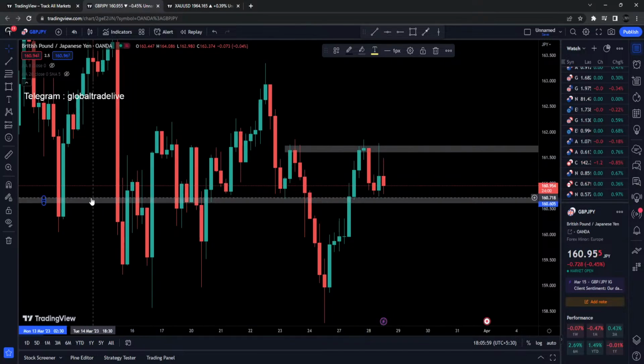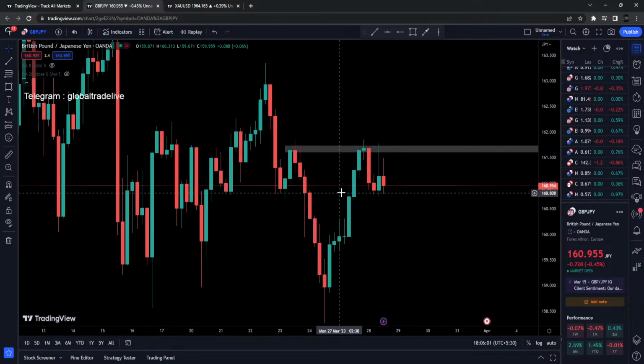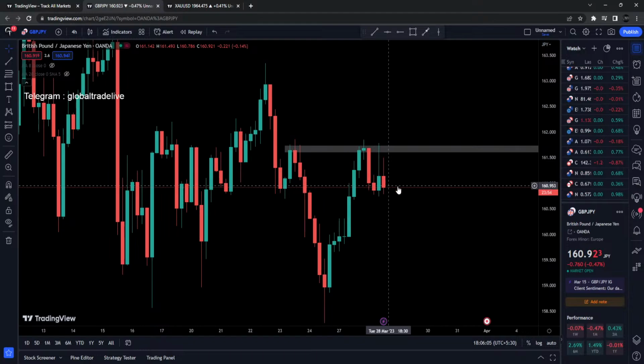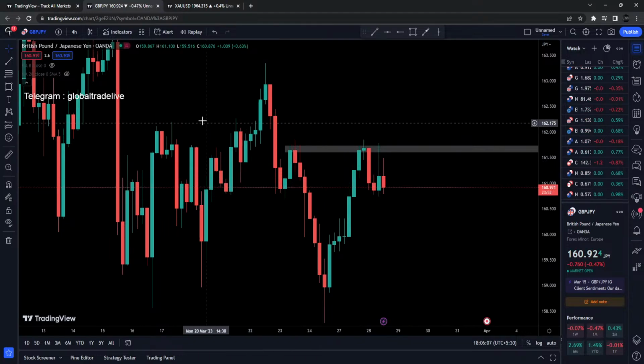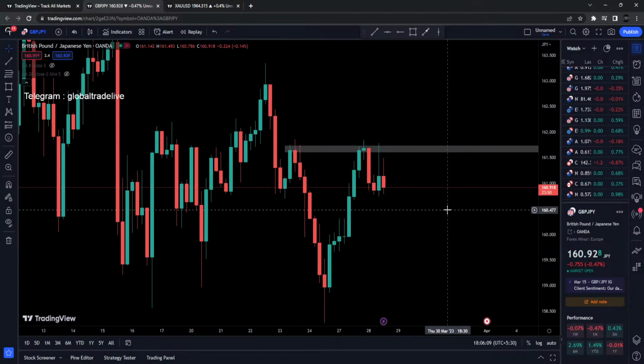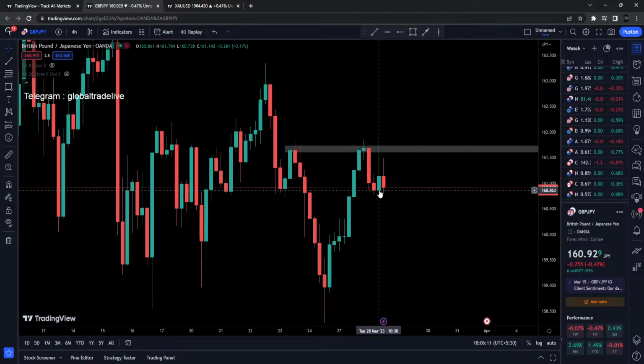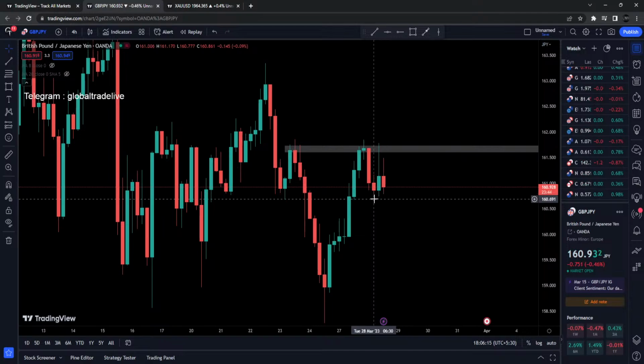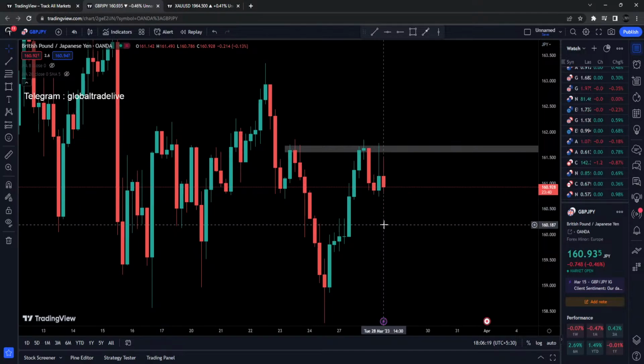If we remove this line and look at the overall picture, there are 23 minutes left for the 4-hour candle to close. In case this 4-hour candle breaks the low of the previous 4-hour candle, then we might see a downfall in GBP. But 23 minutes is really less time according to the 4-hour, and the candle is about to close.